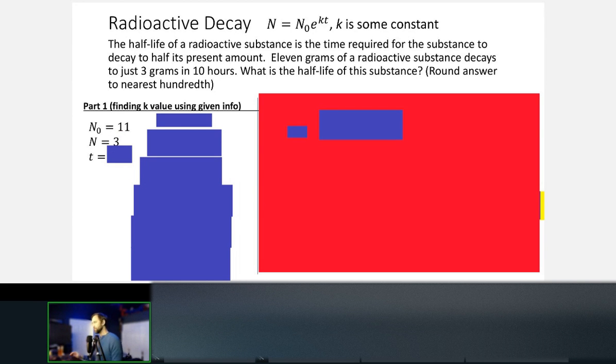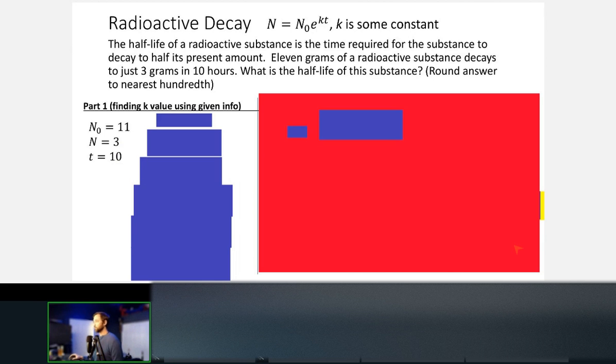Now, do we know the time it took to get to that final amount? 10 hours. Yeah. So again, part one, we're using the givens to solve for k. That's going to be true for every problem that we do. We know we're starting with 11. We know it takes 10 hours to get to 3 grams. Everyone so far so good?